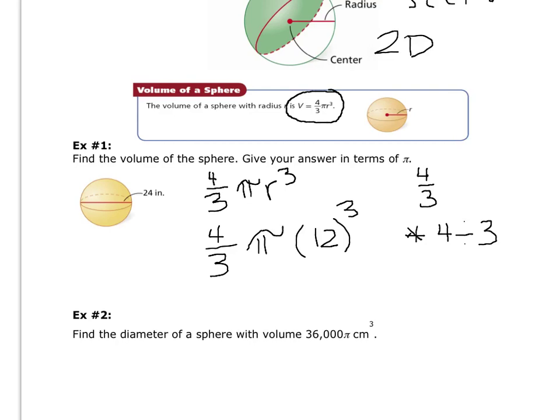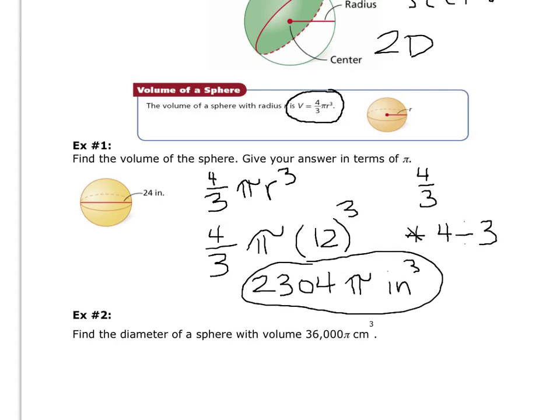So if we take 12 to the third power, and then we multiply by 4 and divide by 3, or just multiply by 4/3, we get 2,304. And we are still in terms of pi, and since we're working with volume, we want cubic units. Okay, so that would be just straightforward plugging into our formula.